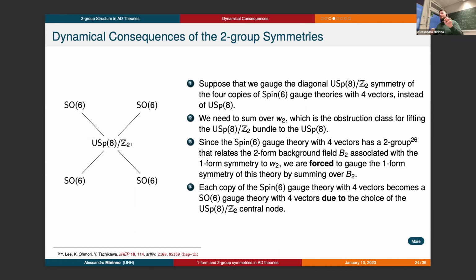So each spin 6 gauge theory with 4 vectors, instead of being spin 6, becomes an SO gauge theory with 4 vectors, because we have chosen this kind of gauging.